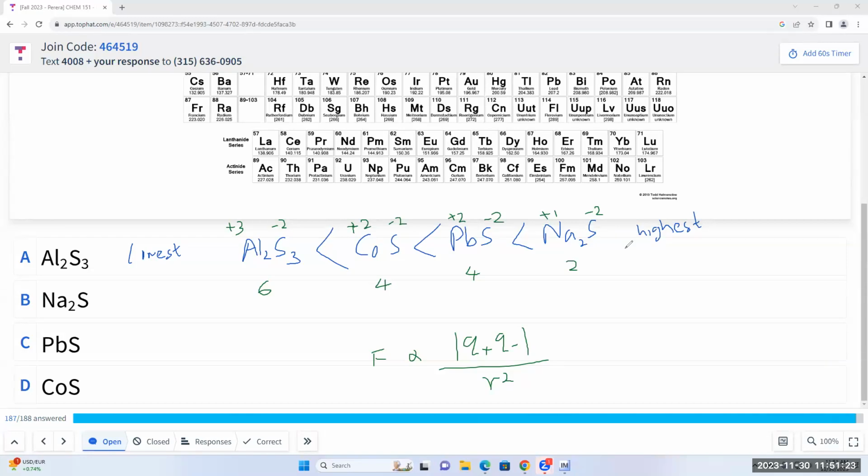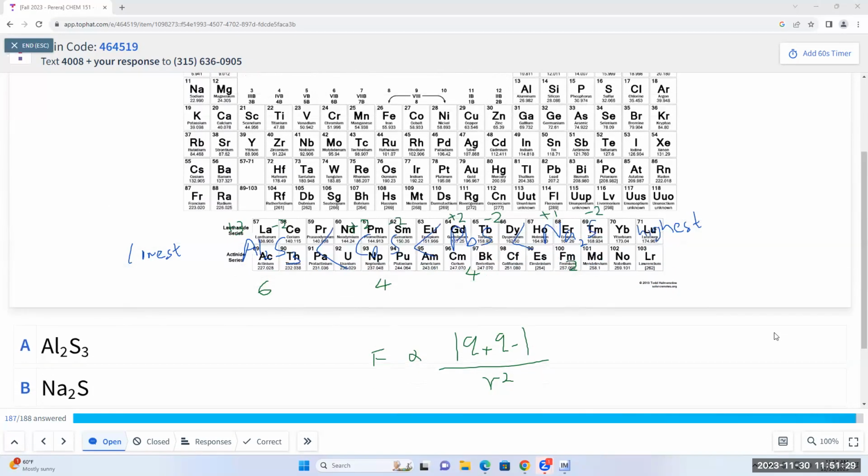Between cobalt sulfide and lead sulfide, now I need to move up a little bit. Cobalt is over here, and then lead is over here. So you see that you have 1, 2, 3. Lead has many more shells compared to cobalt, right?